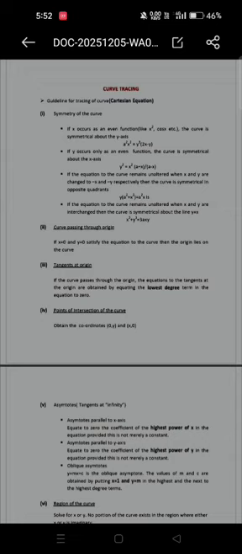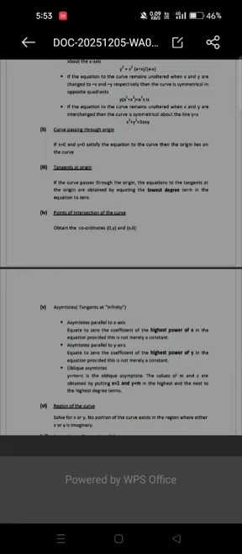Next, point of intersection of the curve. Obtain the coordinates (0, y) and (x, 0). Then fifth point is our asymptotes, the tangents at infinity.